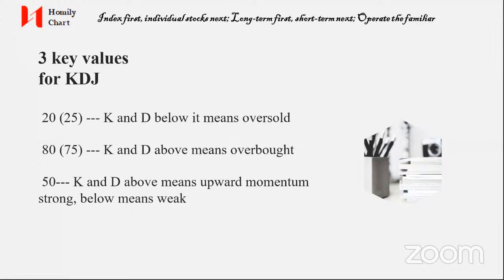Maybe the oversold situation might last for a while before the price really go up. In the same logic, if the market is already overbought, let's say K and D already above 80, but maybe the price would just remain going up or remain sideways before the price really drop a lot. Okay, this is something you need to take notice.